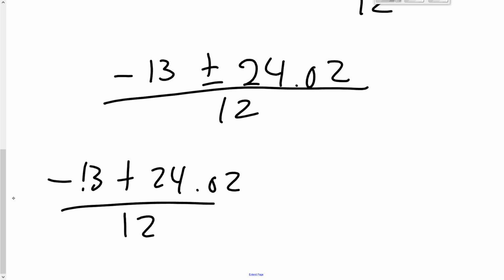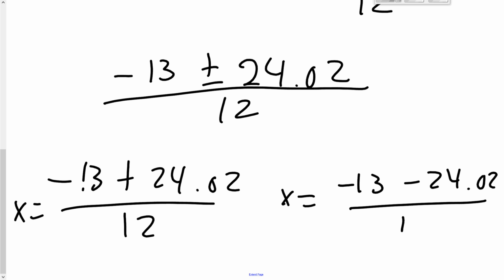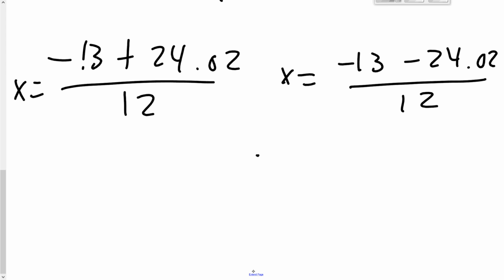And that's going to be one x. And then my other x is going to be negative 13 minus 24.02, all over 12. Okay? So here we get negative 13 plus 24.02 is 11.02 all over 12.